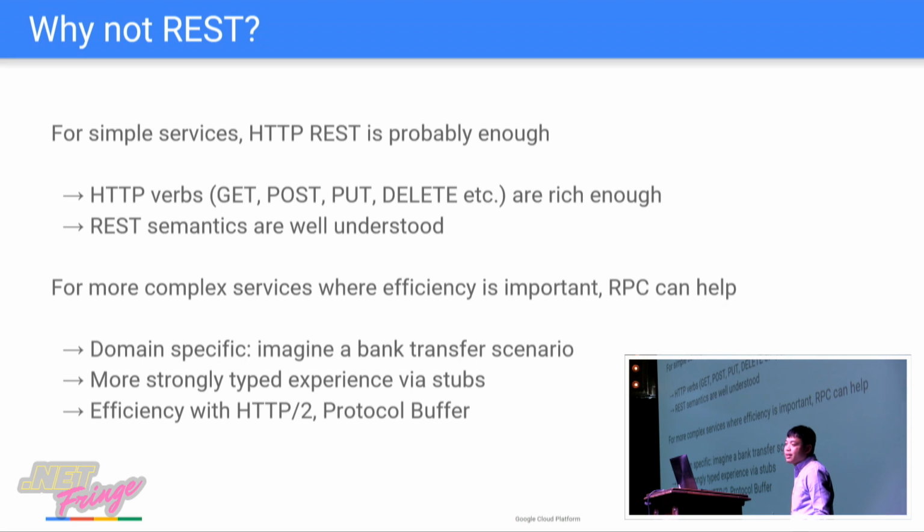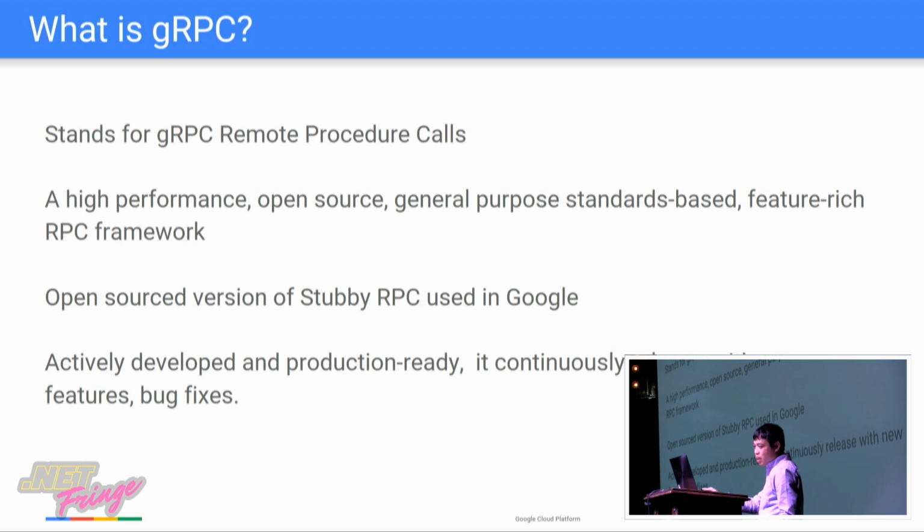For more complex services, where efficiency is important, for example if it's domain-specific, imagine a bank transfer scenario, and if you like a more strongly typed experience with stubs, and if you want efficiency with the HTTP2 protocol, protocol buffers, and gRPC might be the choice for you.